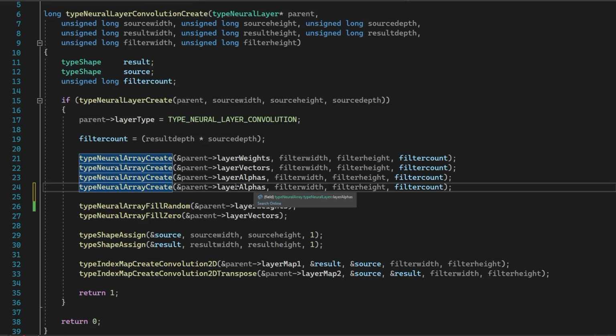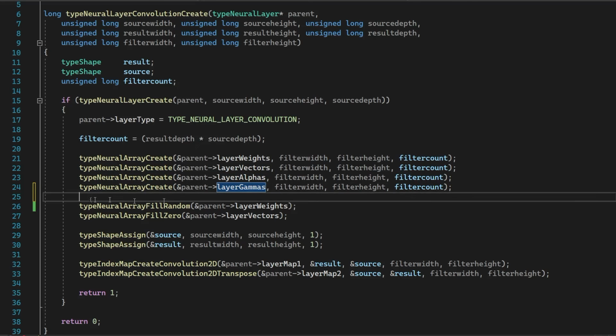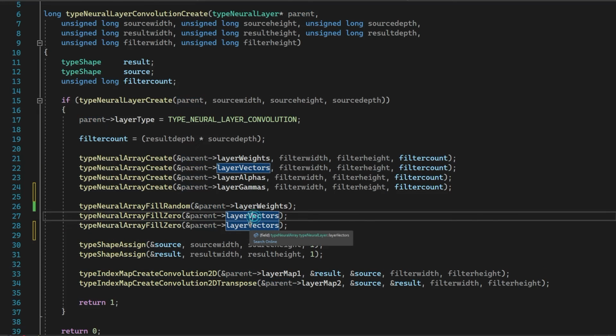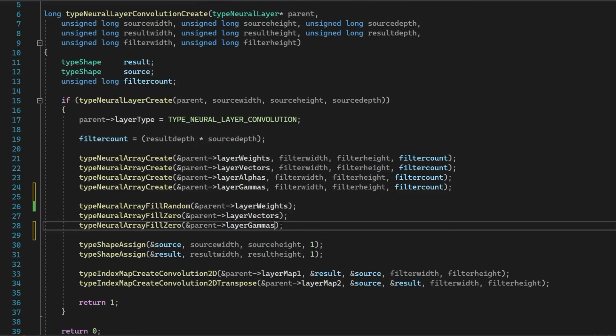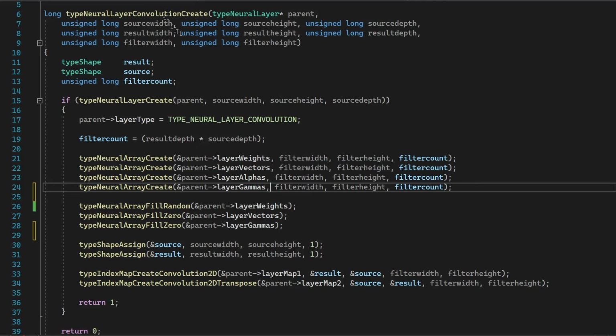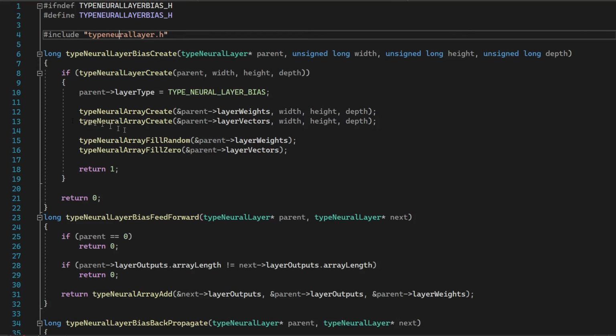Unlike alphas, gammas have to be set to 0, because otherwise you get really weird values. And for bias, where's bias? Yeah, bias is over here.